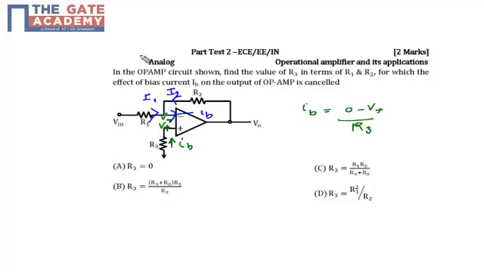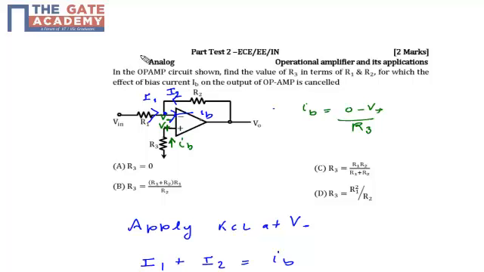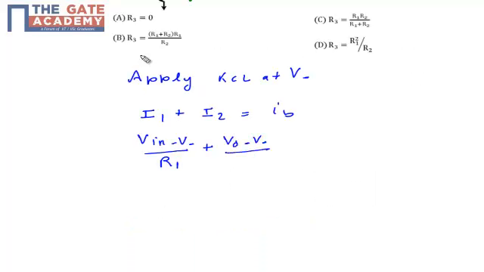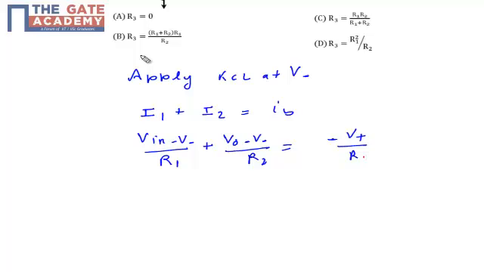So if I apply KCL at V minus, my I1 plus I2 is equal to IB. I1 is the current flowing from the input, so it is (Vin minus V minus) upon R1, plus I2, the current coming from V naught to V minus, which is (V naught minus V minus) upon R2, and this equals IB, which was defined in the non-inverting terminal as minus V plus upon R3.